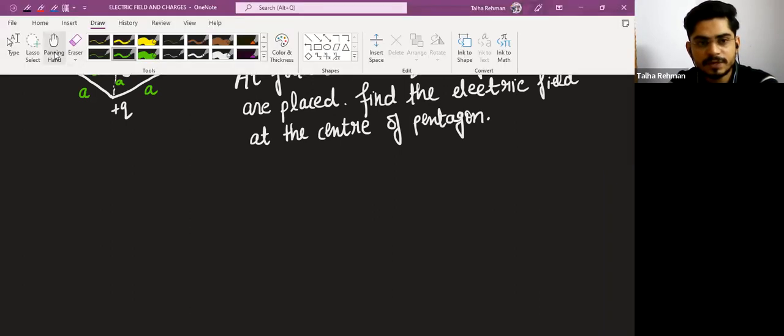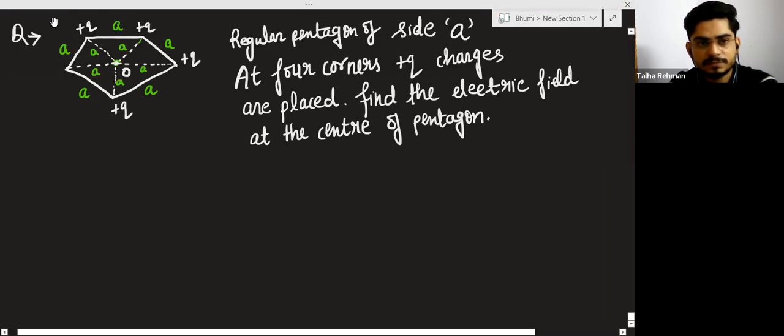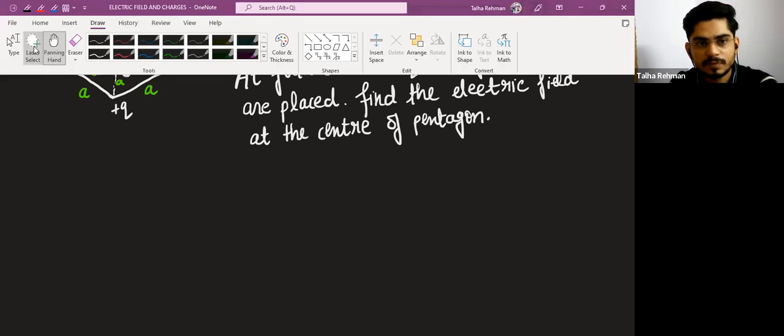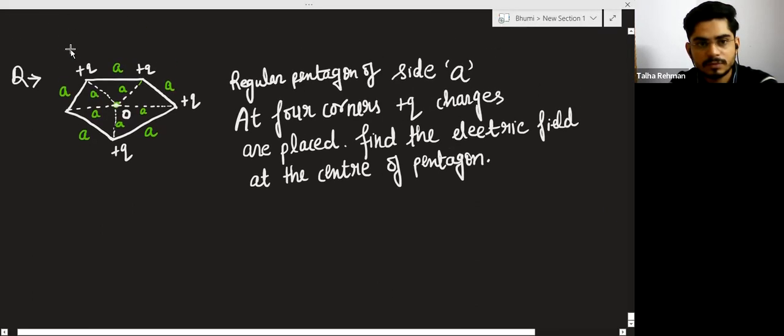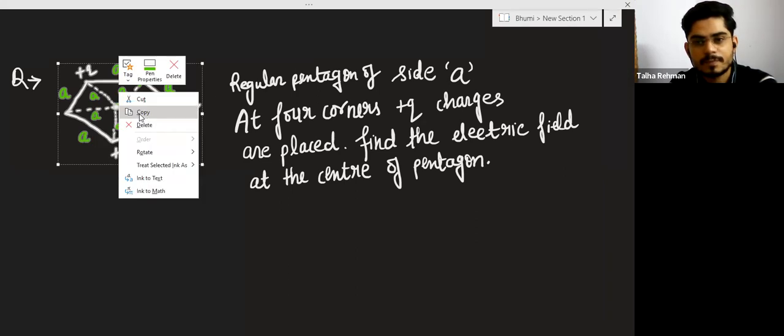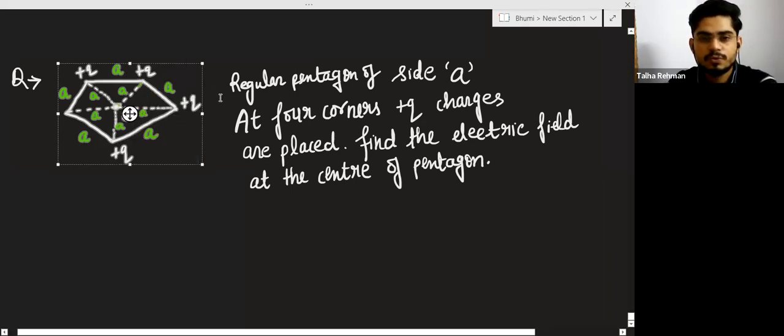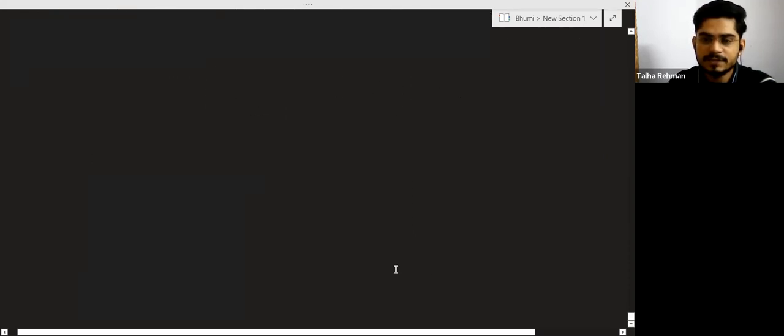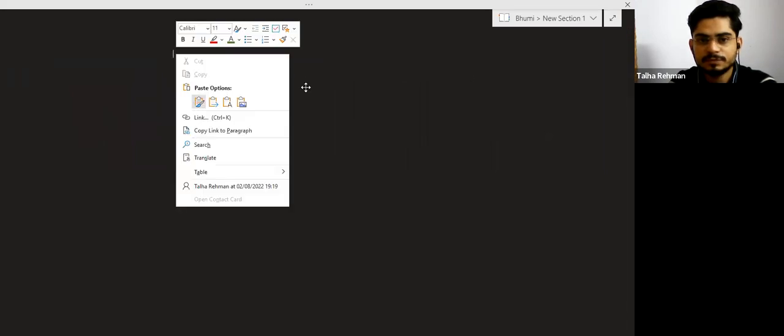Suppose this pentagon is like this. We know that at the center of a symmetrical system, the electric field is zero.